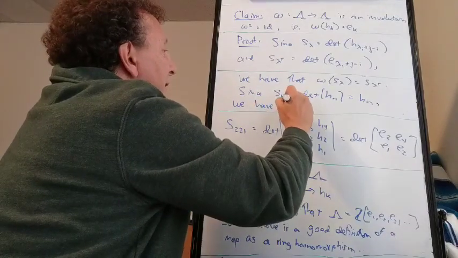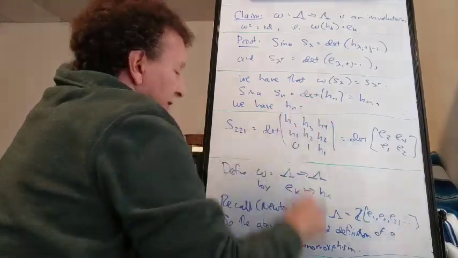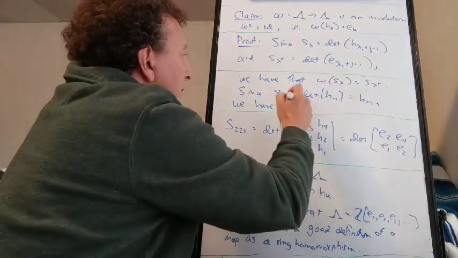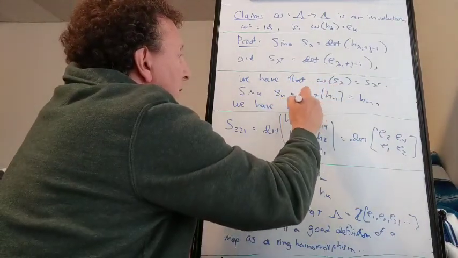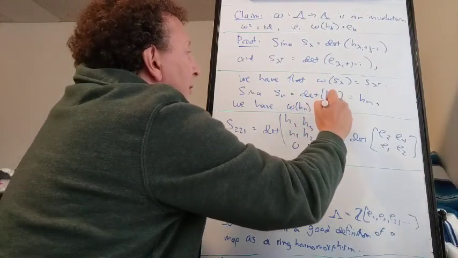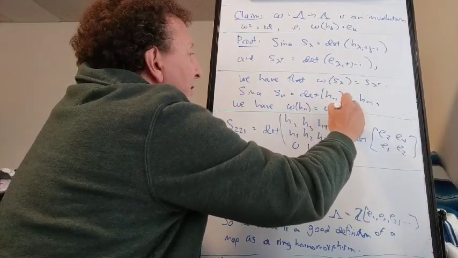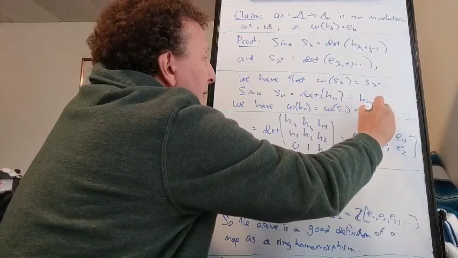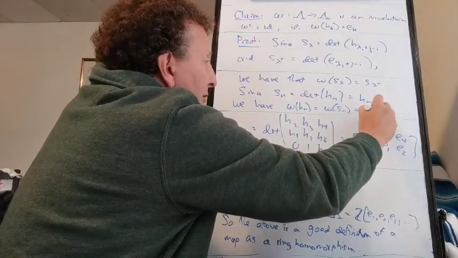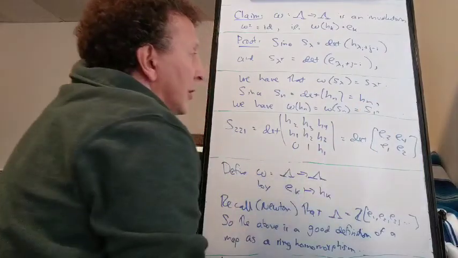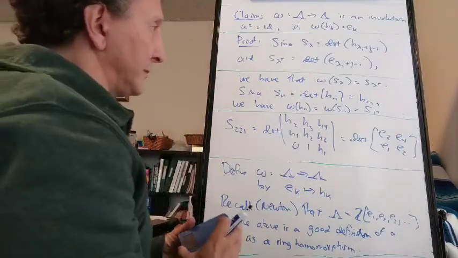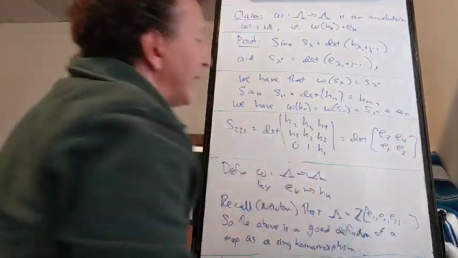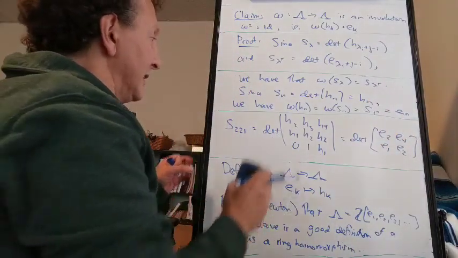we have omega of Hn equals omega of Sn, which is S sub n transpose, which is (1^n), and that is just the elementary symmetric function En.